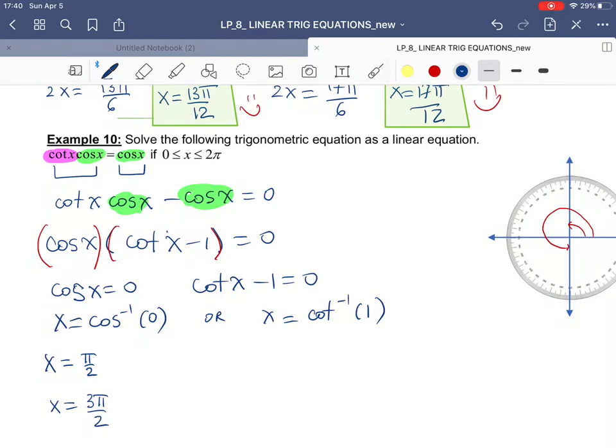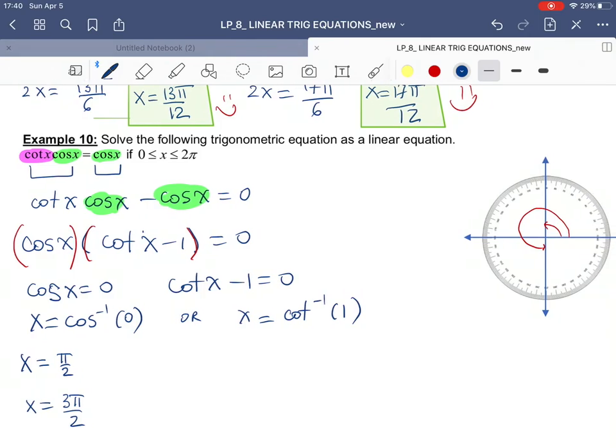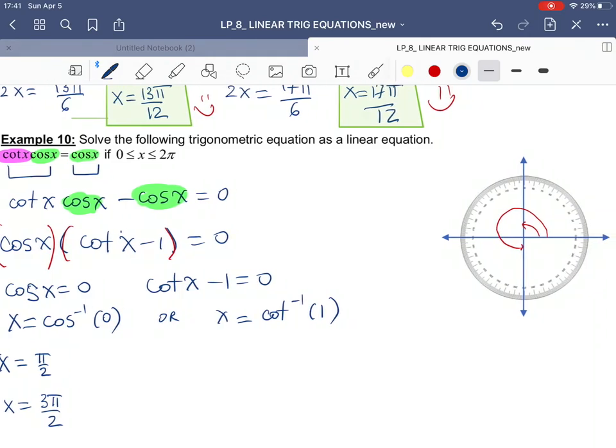Now for cotan, we have a slightly different story. Cotan equals 1 for angle pi over 4. When the ratio is 1, it doesn't matter if you're using tan or cotan, just in case you were thinking of converting cotan into tan. So it's not as complicated.